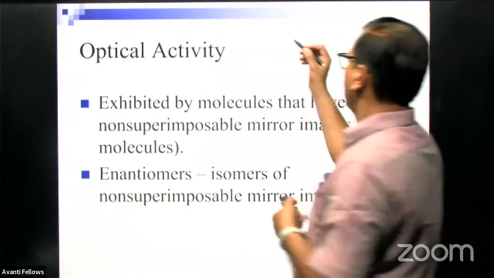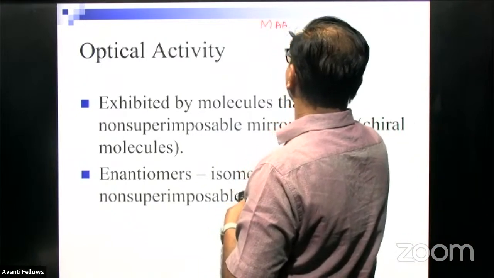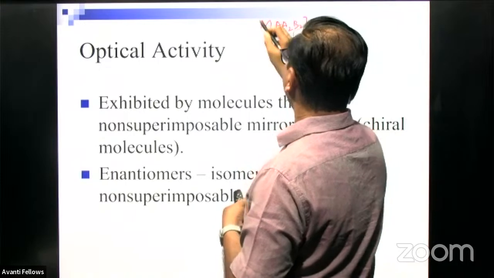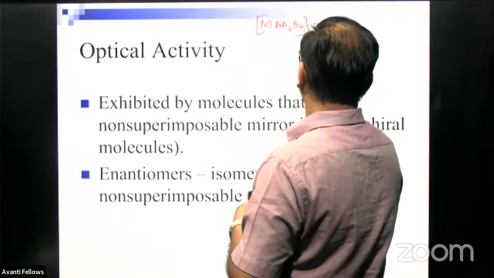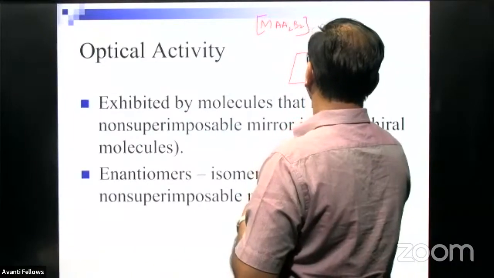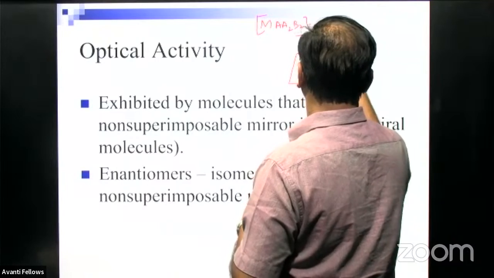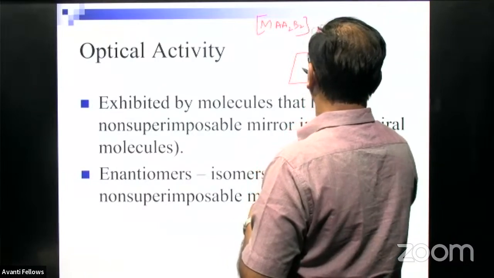Suppose I told you MAA2B2 or MAA2BC. If this is M, I have to take the cis form of this.